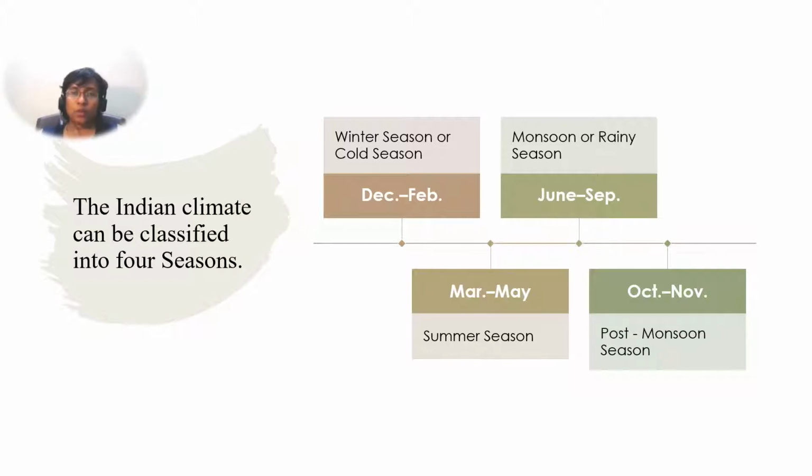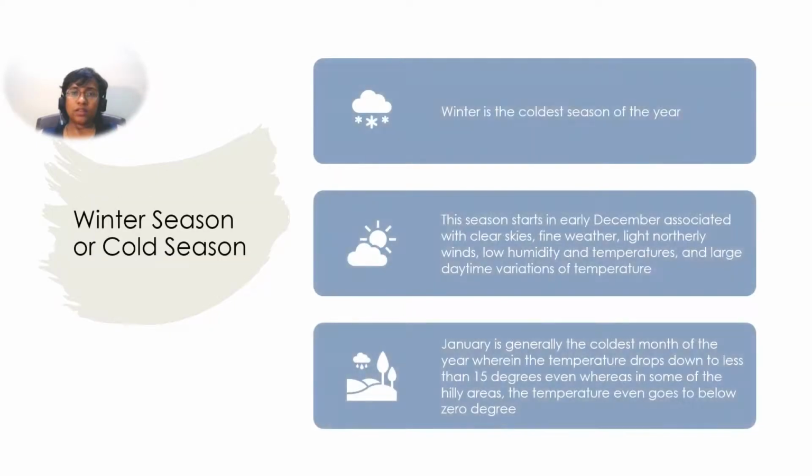So, beginning with the winter season. The winter is the coldest season of the year. It comes between the autumn and the spring seasons, and normally it starts in early December.